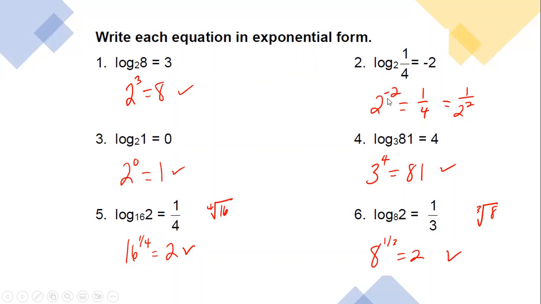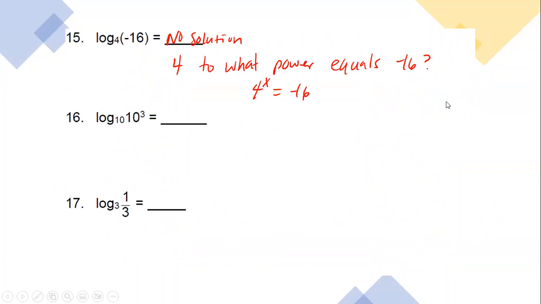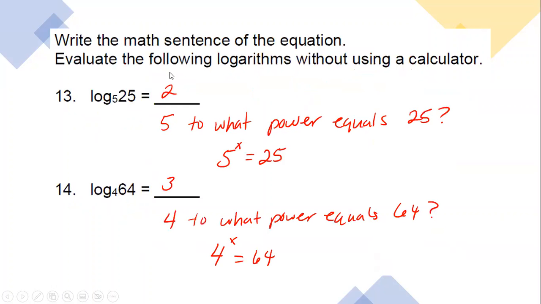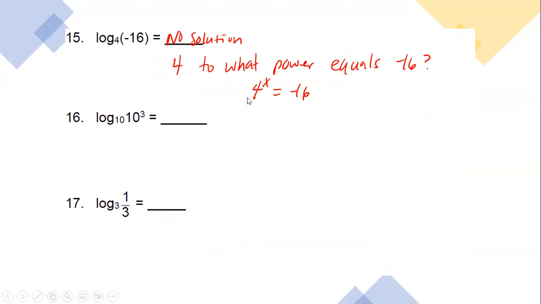So 2 to the negative 2 means that I have 1 over 2 squared. And that's why the solution is 1/4. So this is an example where I had a negative 2, but notice that my argument was a fraction. Do you see that? Here, my argument is not a fraction. What is my argument? It's a whole integer. And so that's why it is no solution.